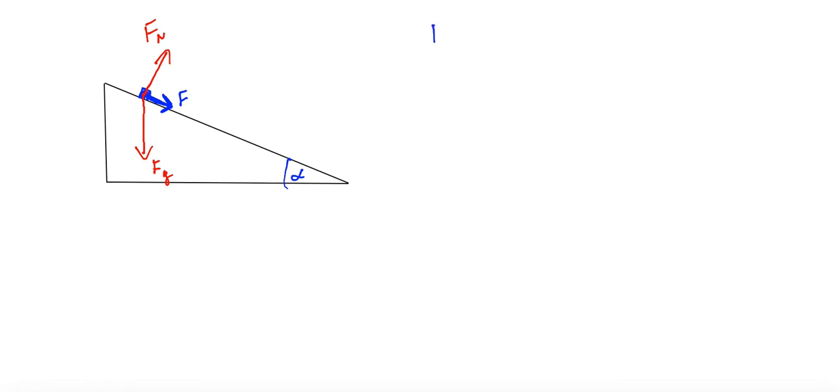Okay, and we derived a few equations. Of course, gravitational force is always given by m times g. We derived the equation for the overall force acting on the object, and it was mg times sine of the angle. If the angle is bigger, then sine is bigger, and the overall force is bigger, which means that the object accelerates more.